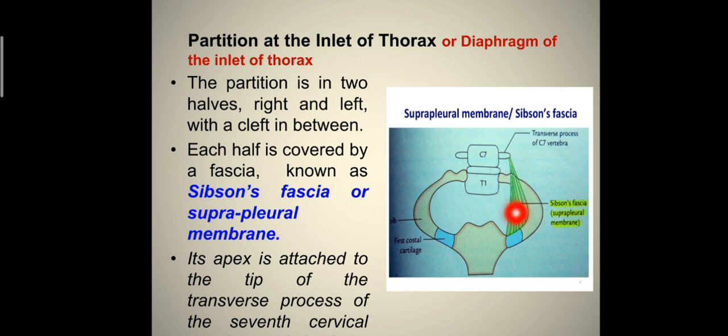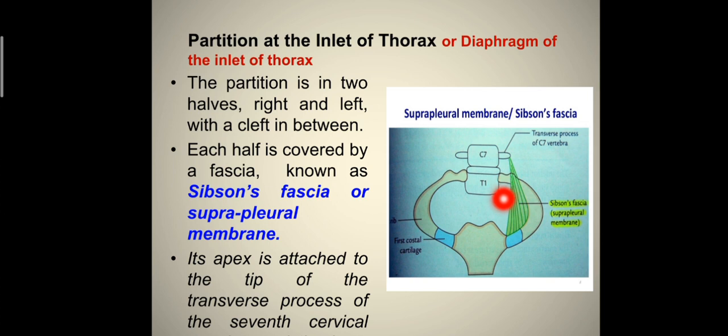It is formed by the suprapleural membrane on both sides, and there is a gap between the two suprapleural membranes. The suprapleural membrane is also known as Sibson's fascia. It is nothing but the flattened tendon of the scalenus minimus muscle, which is a muscle of the neck.